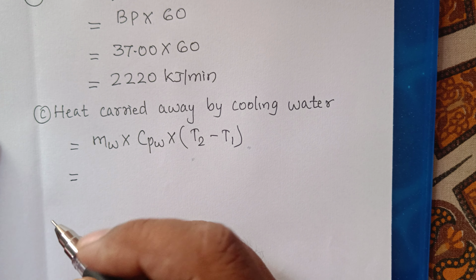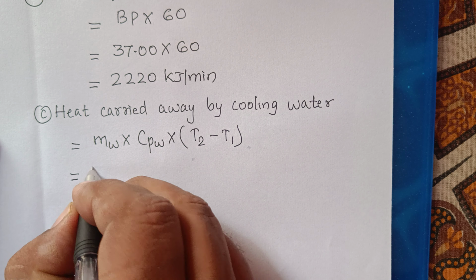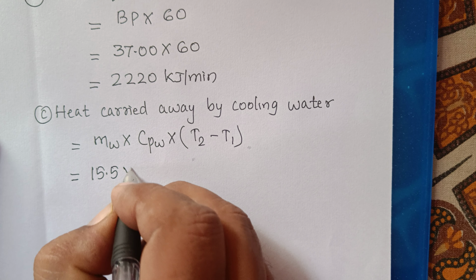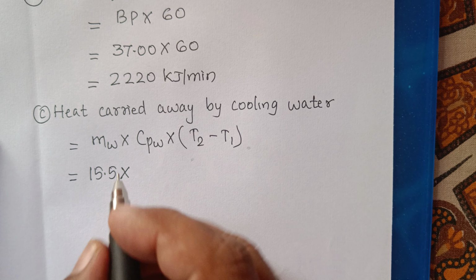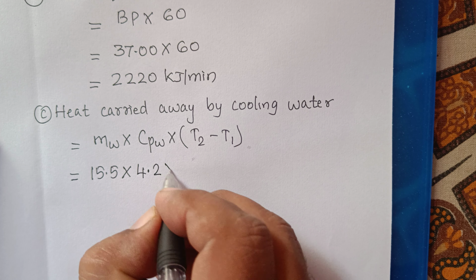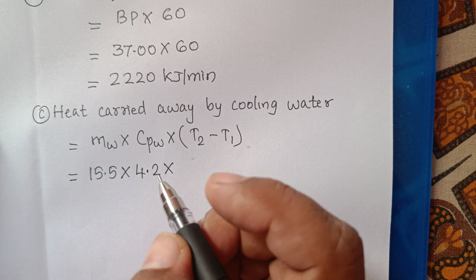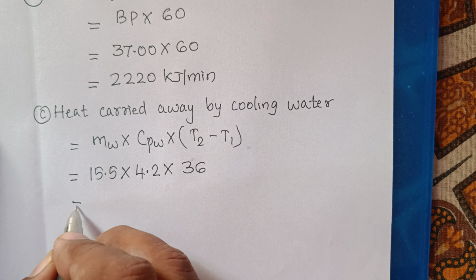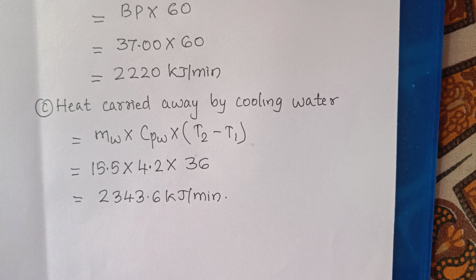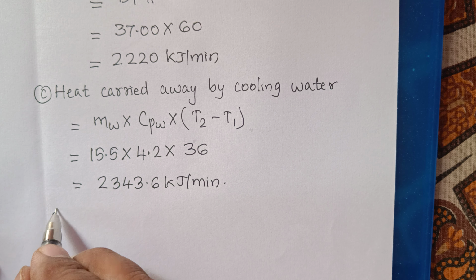The mass of cooling water given in the problem is 15.5, per minute, so let us not change that value. So 15.5, Cp for water is 4.2, into the change in temperature, T2 minus T1, is 36. So you will get the answer as 2343.6 kilojoules per minute.